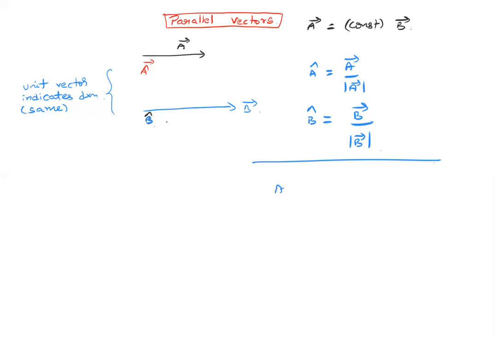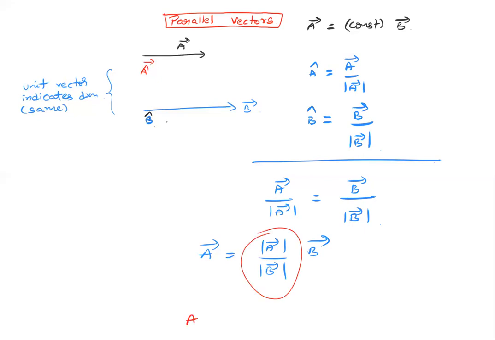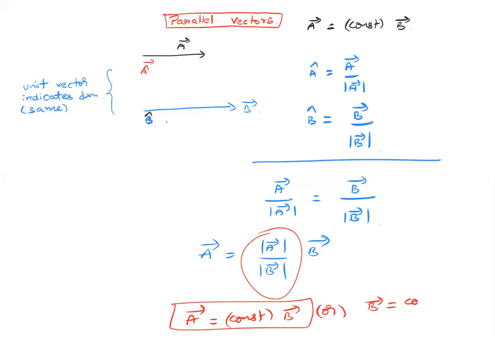So that will give you a bar by mod a bar is equal to b bar by mod b bar, which clearly states that a bar is mod of a bar by mod of b bar into b bar. So this is some constant. So a bar is some constant times b bar, or you can write, if a bar and b bar are parallel, b bar is some constant times a bar. So this is how you give parallel vectors.